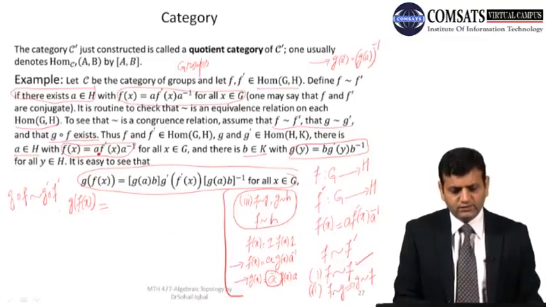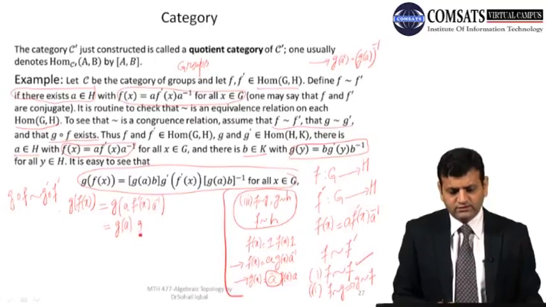F of X is equal to A F prime of X A inverse. Let's replace this in place of F of X. G is a homomorphism, so according to the definition of homomorphism, this should be equal to G of A, G of F prime of X, and G of A inverse.